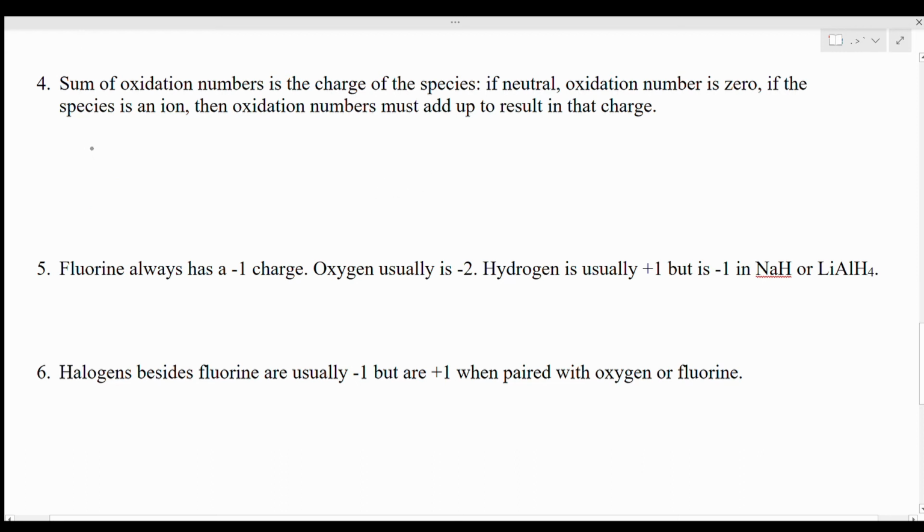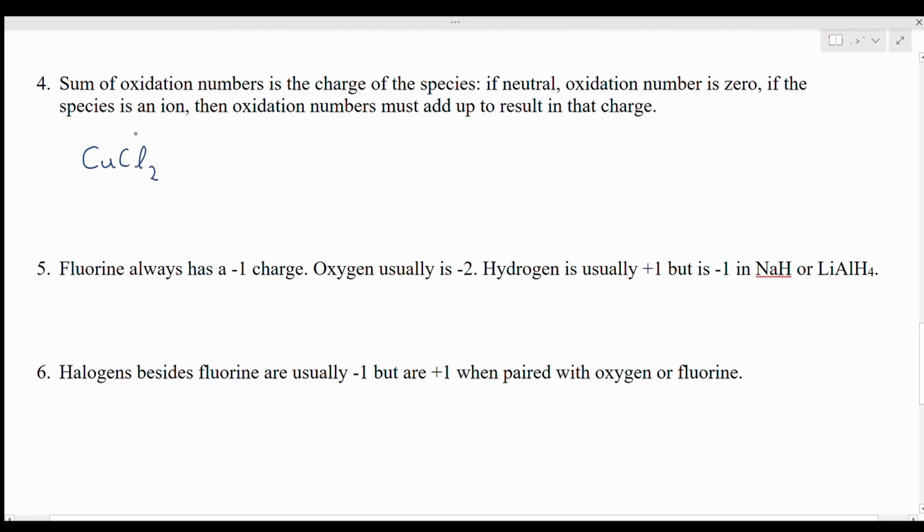Now what if we had a neutral compound here? What would be the oxidation number of chlorine, and what would be the oxidation number of copper? So in this case, following rule number 4, if the species is neutral, so that means it has no charge up here, then the oxidation numbers here need to equal 0.